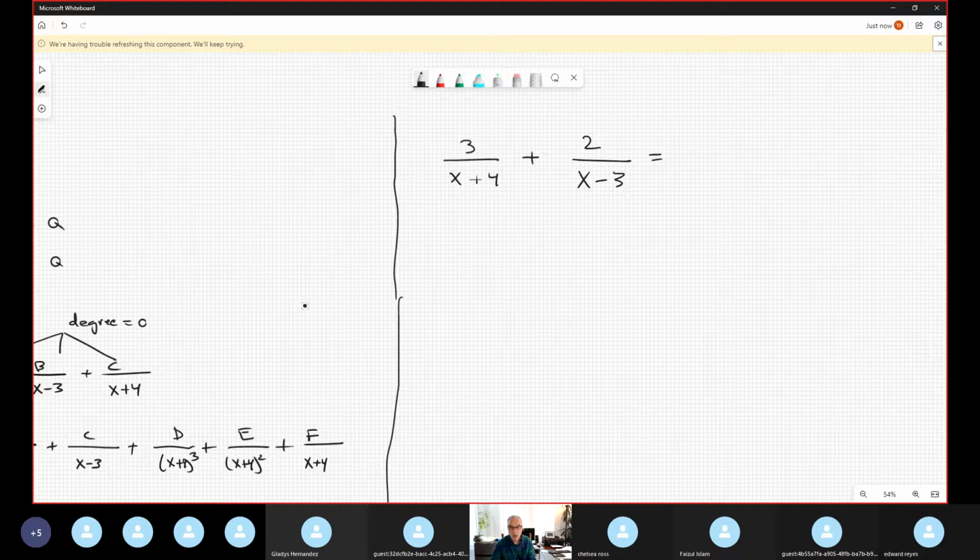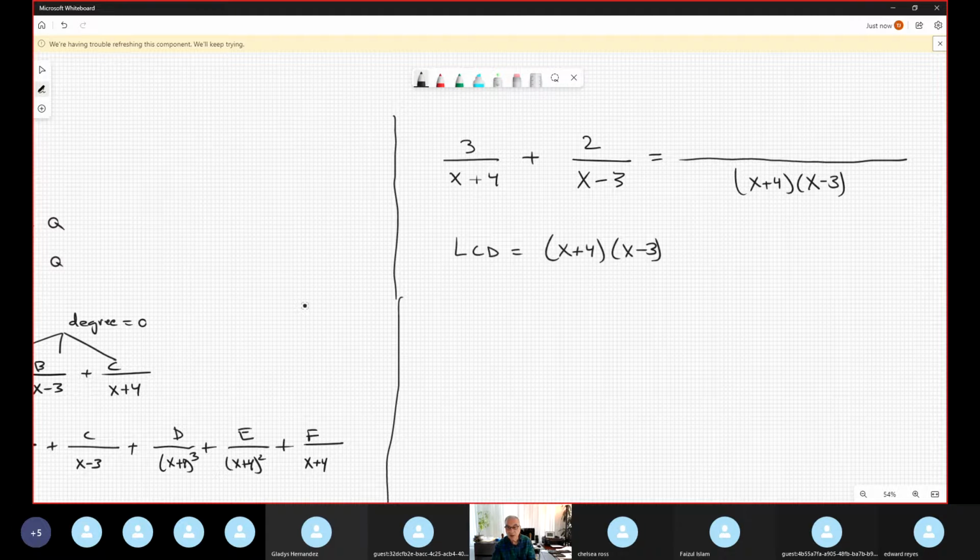Now I want to do the opposite. I need to condense it into only one. Then you find the LCD. The LCD obviously is x plus 4 times x minus 3. And you copy that. You copy the long line, you put x plus 4, x minus 3. The order is not important. It's not a problem to interchange the order.